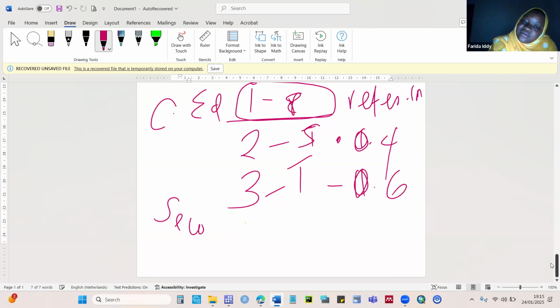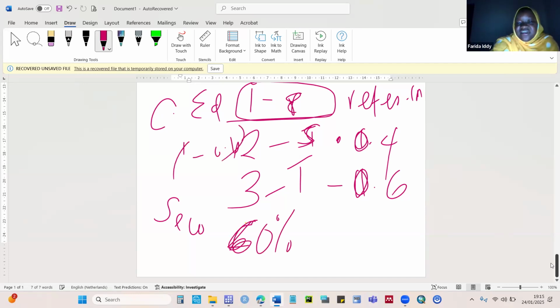So for those who acquire secondary education, their odds of having the disease is decreasing by 60%, because it will be 1 minus 0.4 times 100, since it is decreasing. So 60% compared to those who acquire primary education.